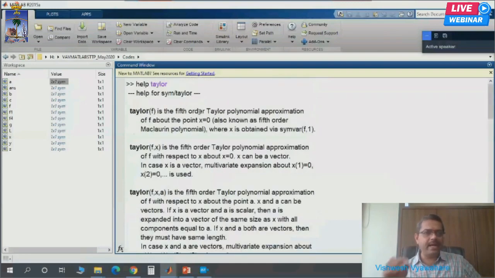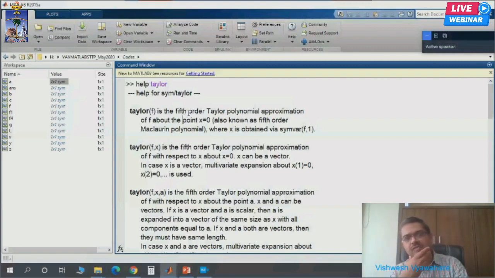Taylor f is by default the fifth order Taylor polynomial approximation of f about the point x is equal to 0, and therefore it's also known as Maclaurin's series or Maclaurin's polynomial. So MATLAB can directly help me in calculating the Taylor series expansion.